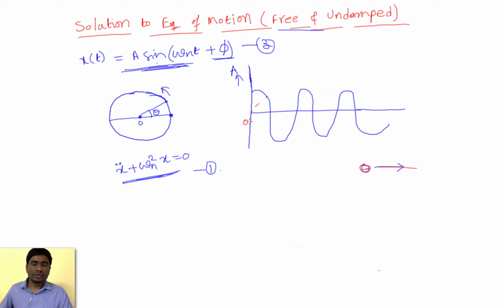If phi is there, it would have started like this, but since we have a phi, at time t the sine is not 0 but has a magnitude here. That's why it starts from here and goes like this, and this sine curve repeats after a certain interval.